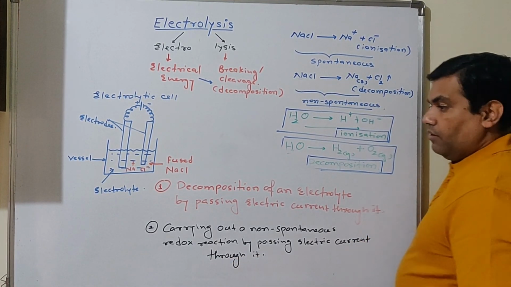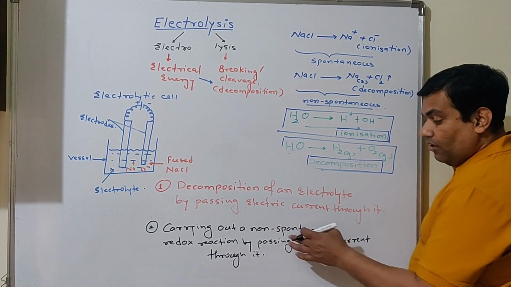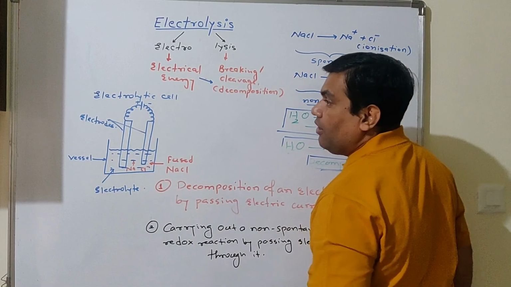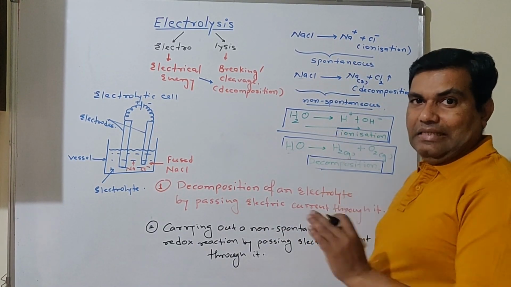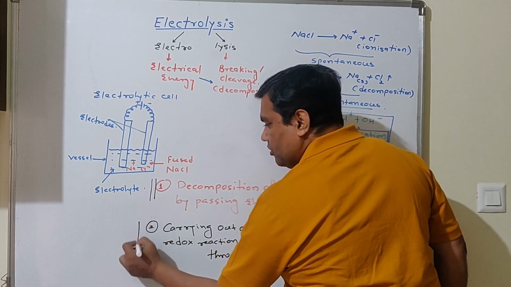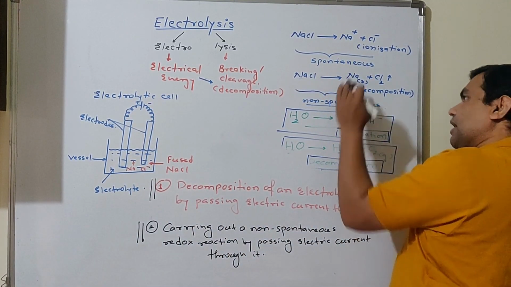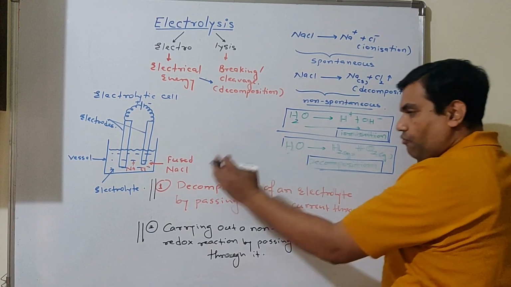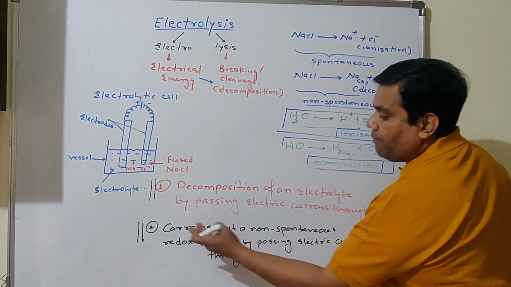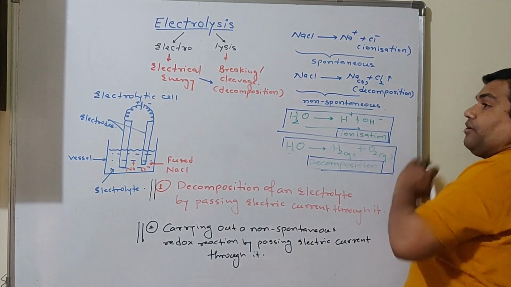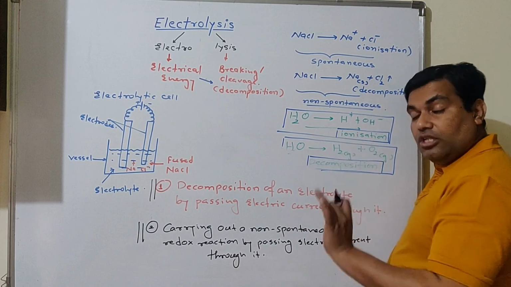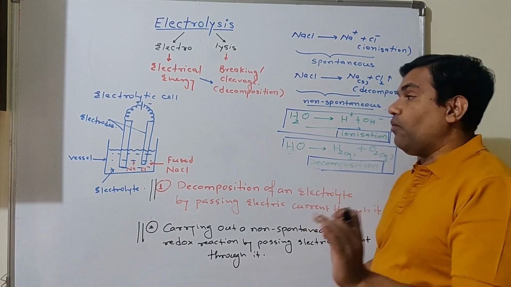This electric current needs to be an external agency. So the definition is clear to us. It is not basically ionization, it is decomposition. We have defined electrolysis in two ways: decomposition of an electrolyte, or carrying out a non-spontaneous redox reaction. The decomposition of an electrolyte is a non-spontaneous redox reaction, which we are going to discuss further.